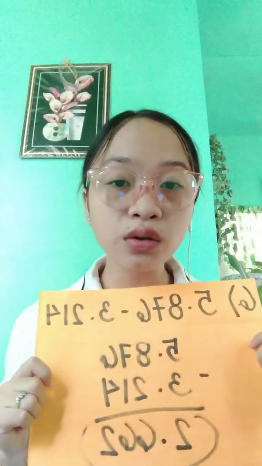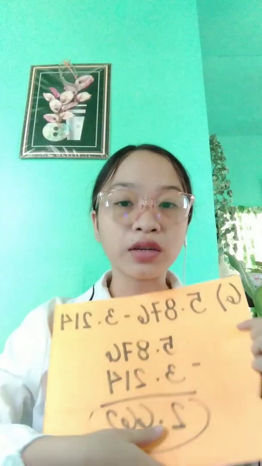Okay. 6 minus 4, 2. 7 minus 1, 6. 8 minus 2, 6. Then the decimal point, 5 minus 3 is 2. Okay, so here. So the result is 2 and 662 thousandths. Okay, so I guess nasabtan man ninyo on how to add and subtract decimal points.